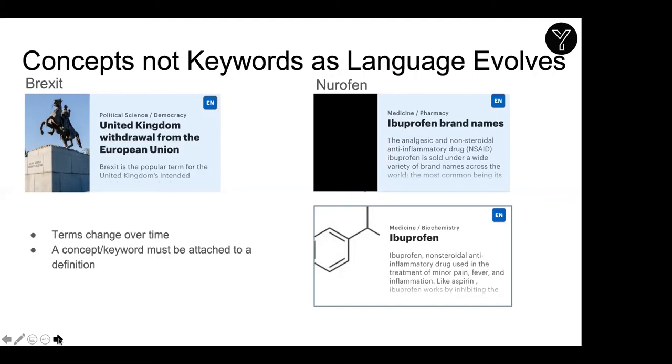So in the world of AI, a concept is not just the word or the group of words. It is the word or group of words plus a definition. And that disambiguation, which is possible through AI technology and knowledge graphs that actually understand the content, is one of the key differentiators in how this technology can really help people in the world of publishing.